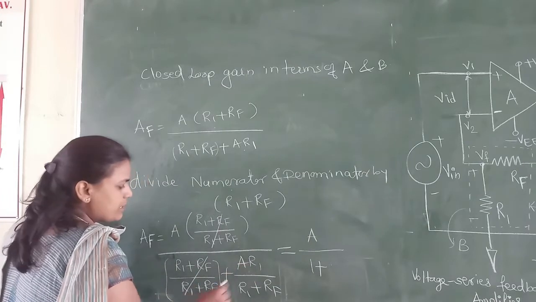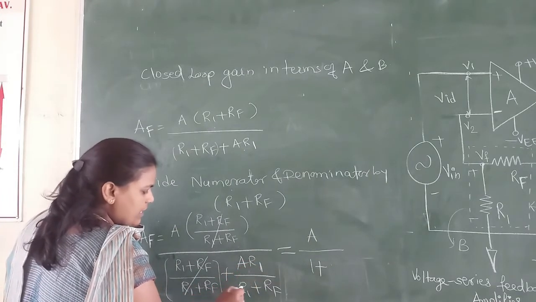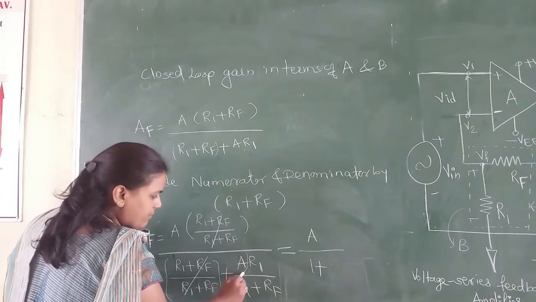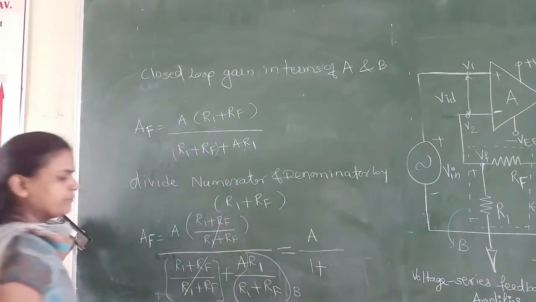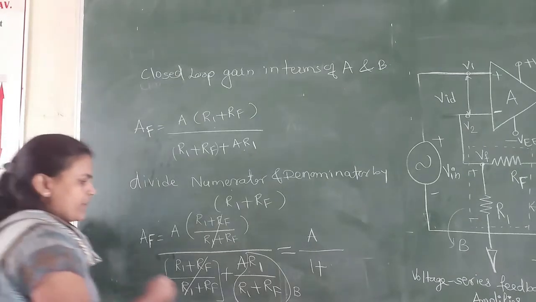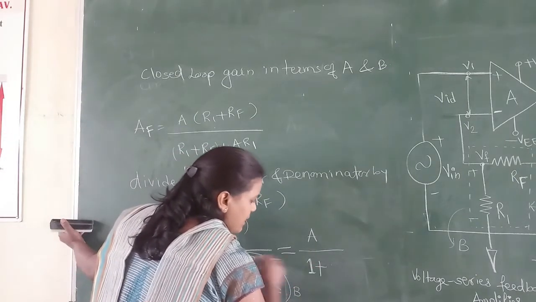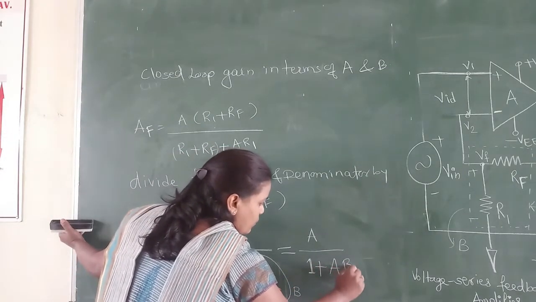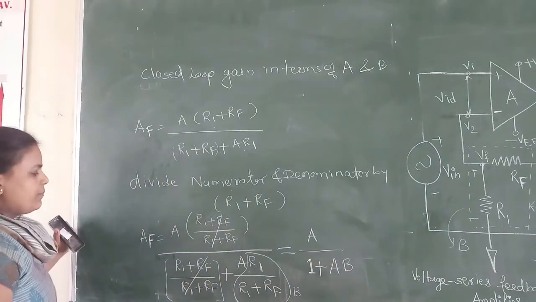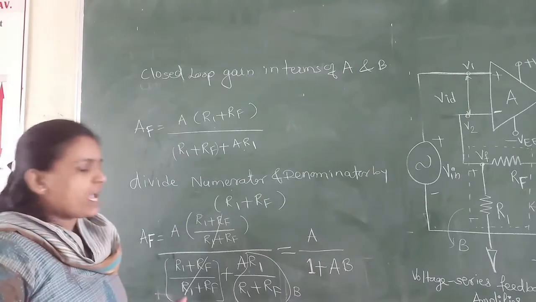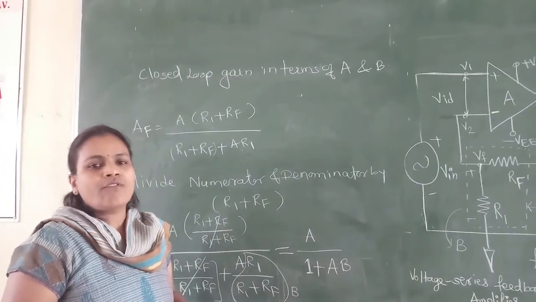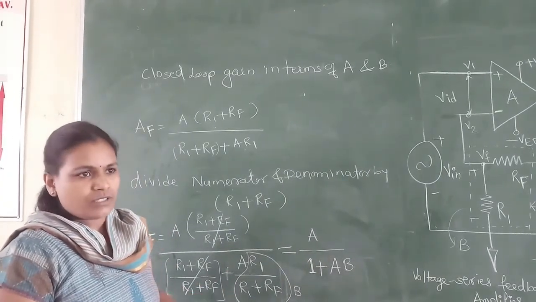Now here A is present. What is this? R1 divided by R1 plus Rf. This is nothing but my gain of feedback network B. So we can write the equation as A divided by 1 plus A into B. Why we are writing this equation is that we have to compare the different types of closed loop configurations.